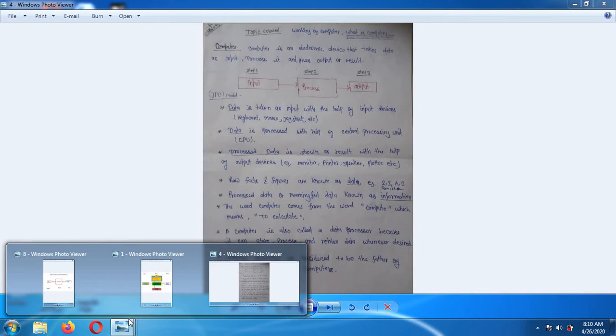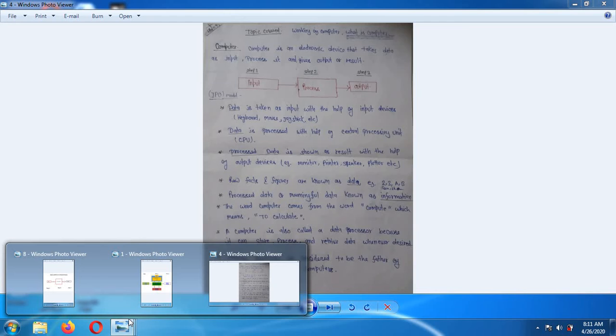Let's try to understand this concept with a real world example. Let's suppose you have a fridge in your home. You put water inside the fridge and after processing, the fridge gives you cold water.